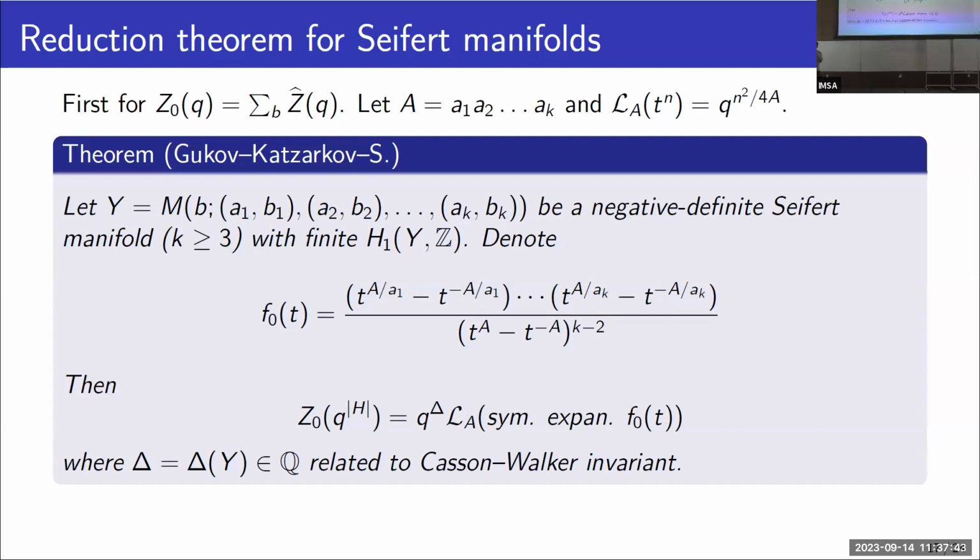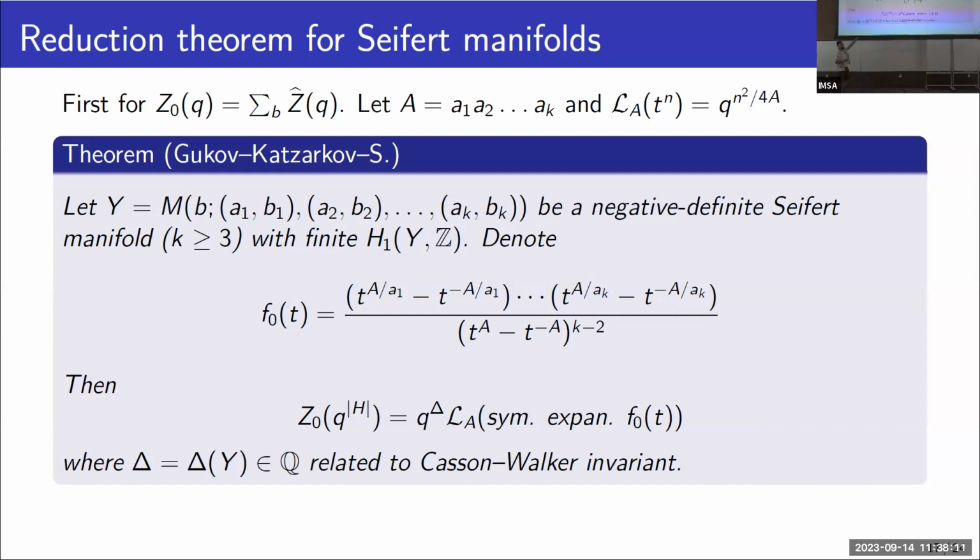So we have just a function of a single variable, we expand it, and then we substitute this quadratic power. And somehow it gives the same answer as if we would do this with this huge matrix, which is nice, but it doesn't work completely, it works up to a power of q.